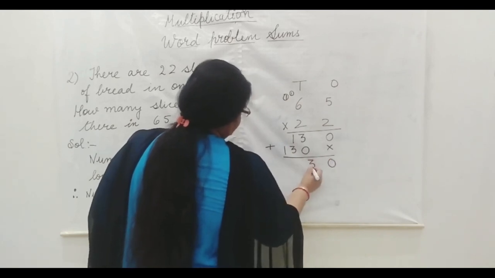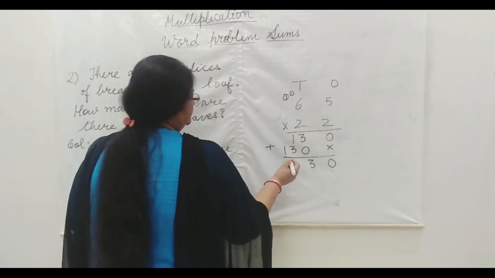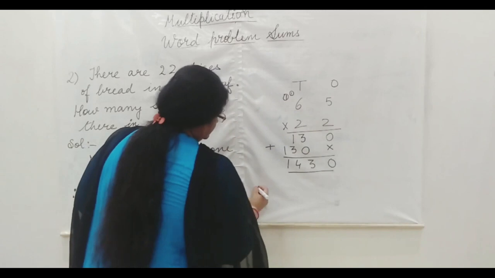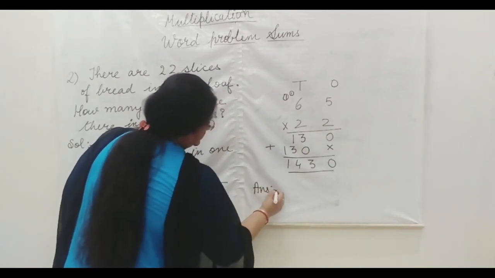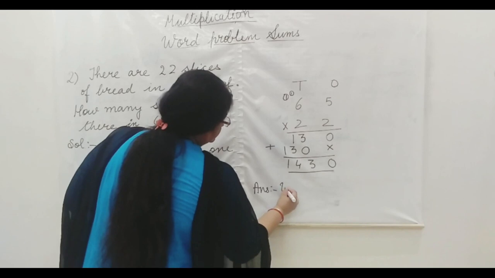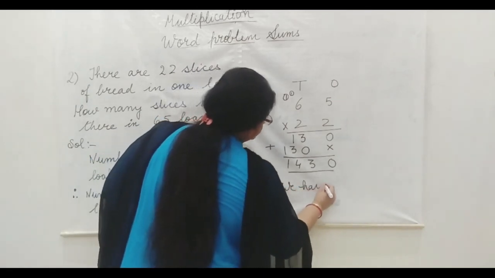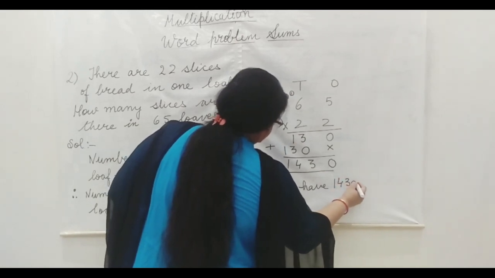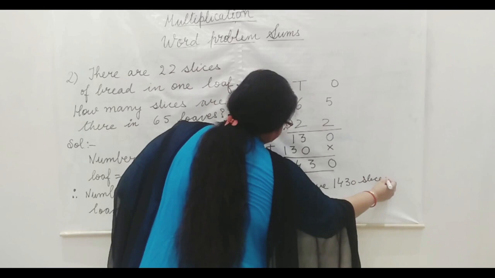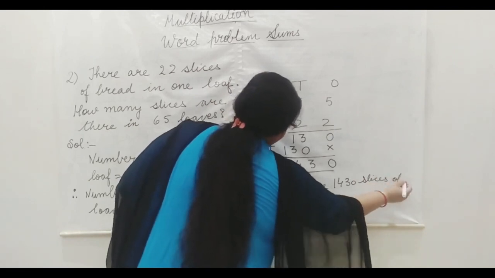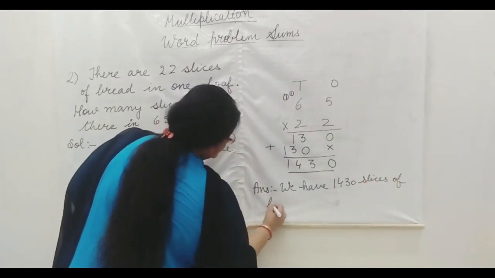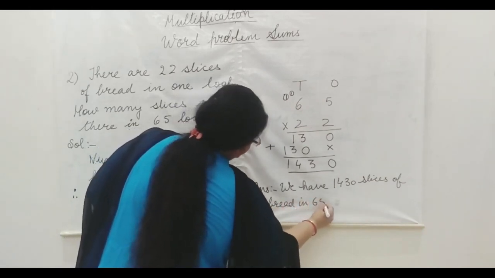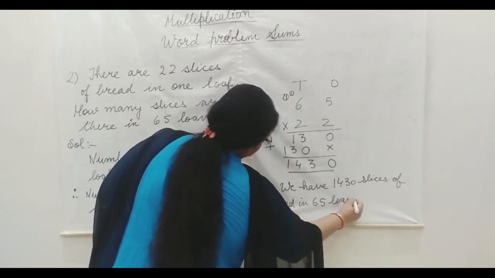How many slices will be there in the 65 loaves of bread? So the answer is we have 1430 slices of bread in 65 loaves.